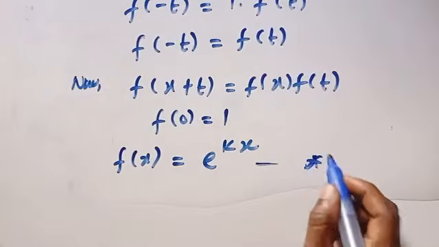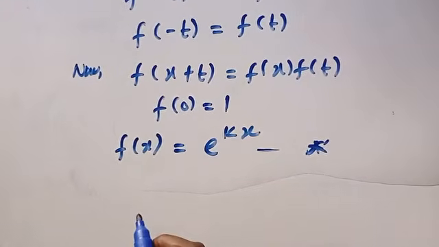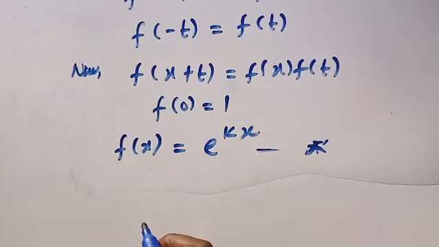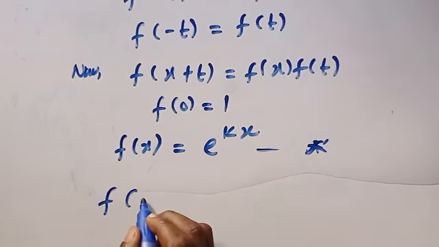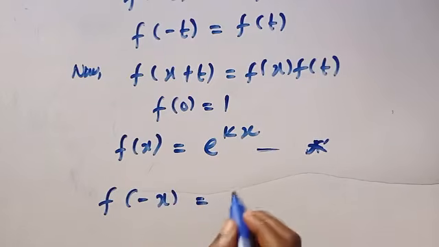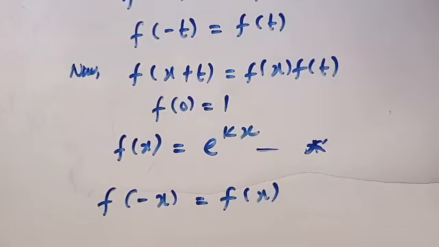Again, let's consider f as an even function. If you have f of minus x, this gives us f of x according to the proof above, because it is an even function.